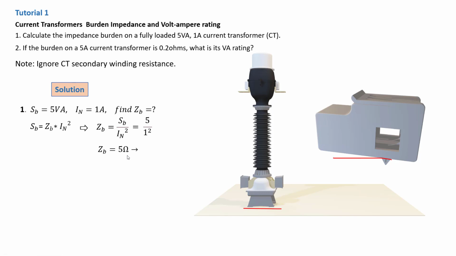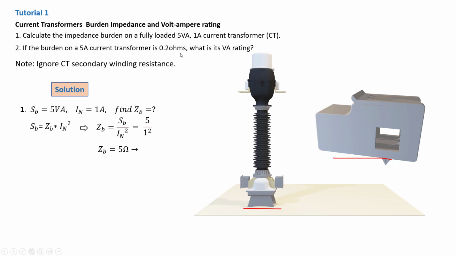So we move on to the next one, number 2. They say if the burden on a 5 amp current transformer is now 0.2 ohm, what is its VA rating? We can see this is a totally different calculation. This one we had a 5 VA rating, but it was a 1 amp current transformer. Now this one here is a 5 amp current transformer with a 0.2 ohm burden impedance.